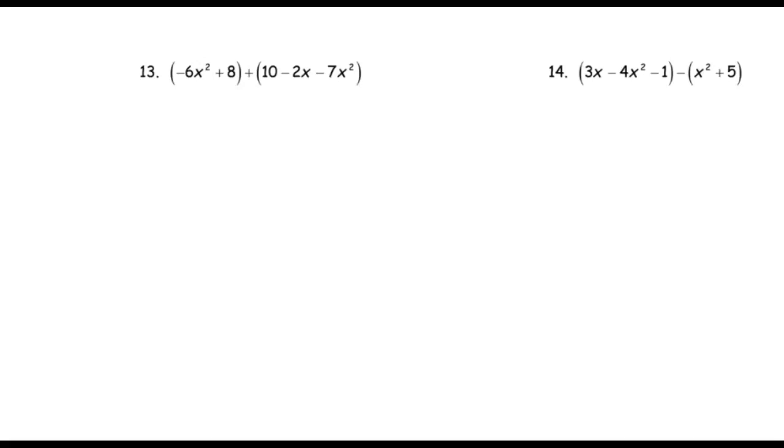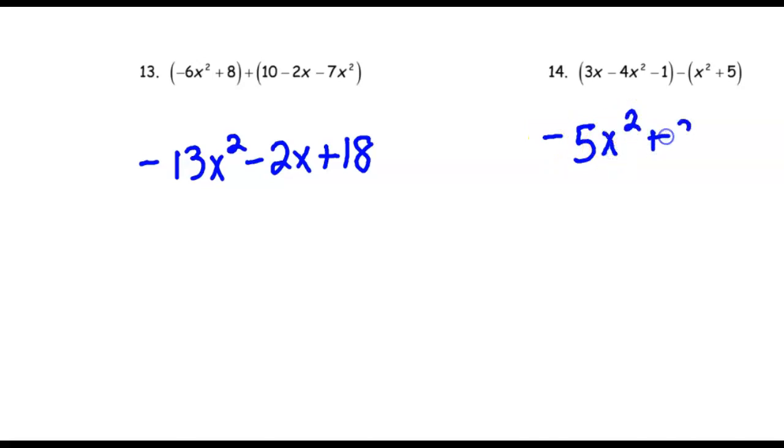Okay, so there's 13 and 14. Pause the video, try the two problems. For 13, your final answer should have been negative 13x squared minus 2x plus 18. And 14, your final answer should have been negative 5x squared plus 3x minus 6.